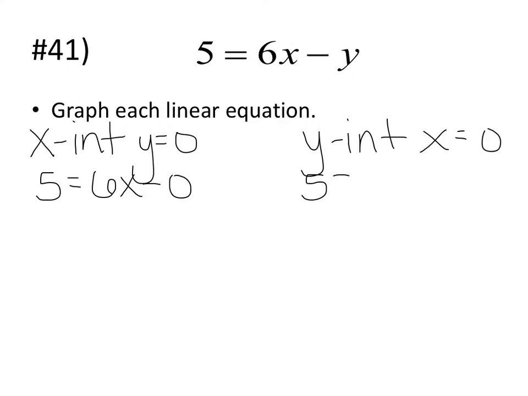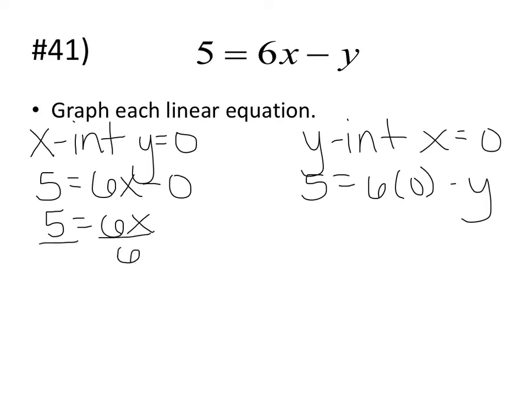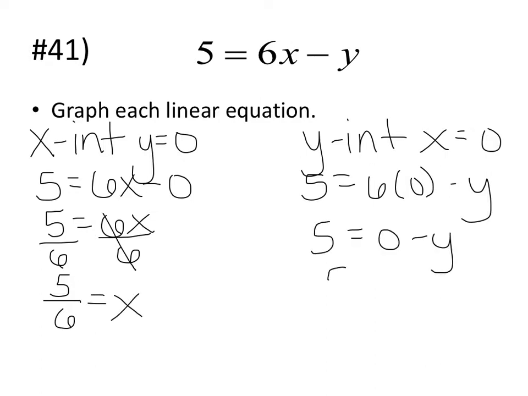And here you have 5 equals 6 times 0 minus y. So 5 equals 6x. Divide both sides by 6. So 5/6 is x. And then here you have 5 equals 0 minus y. So you have 5 equals negative y. Divide both sides by negative 1. You have y equals negative 5.